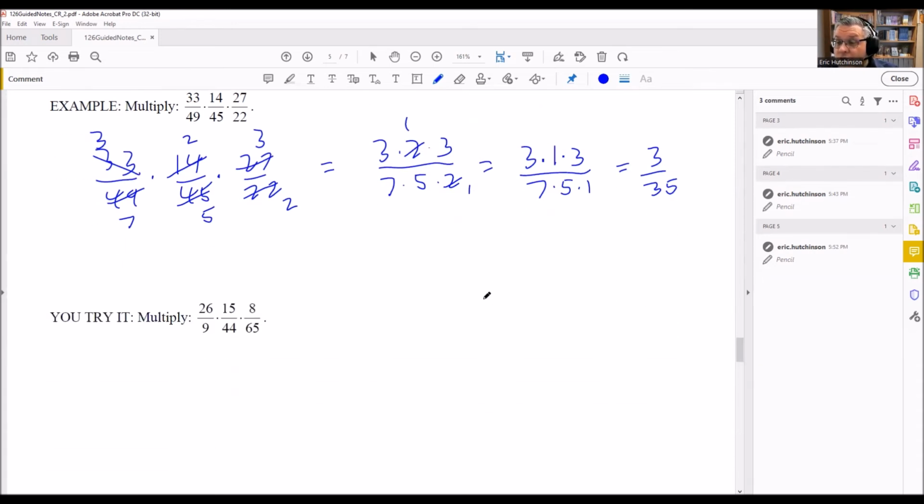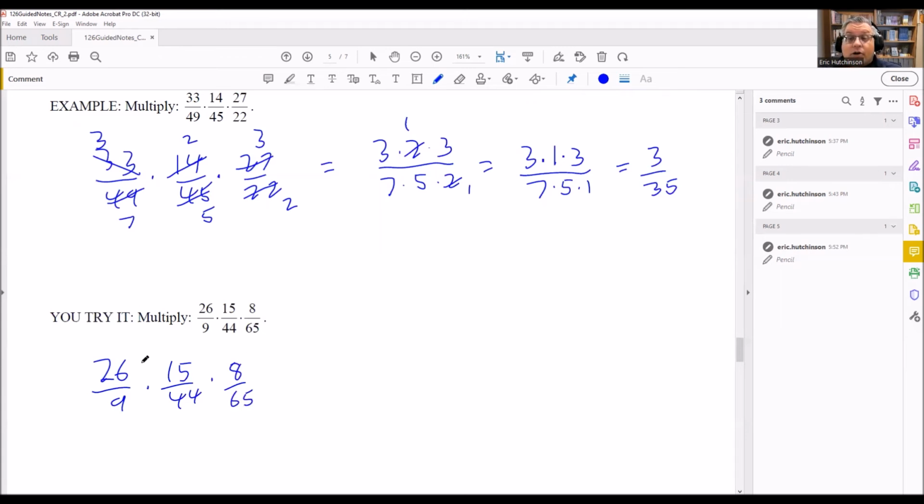Let's do this one here. Okay. And so if we do that, I'm going to write this out separately so you can see what the original problem was here that I'm doing. So doing that, 8 over 65.